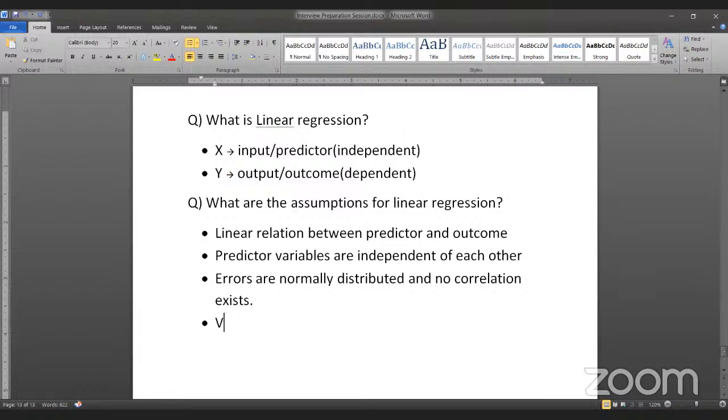Last is variance: the variance of the outcome variable is the same for all predictor variables.